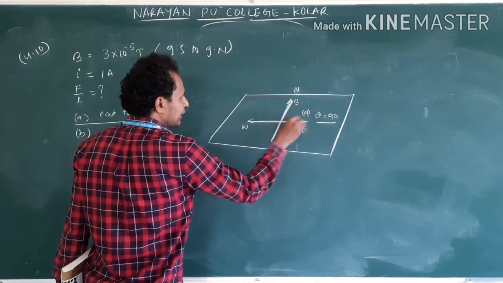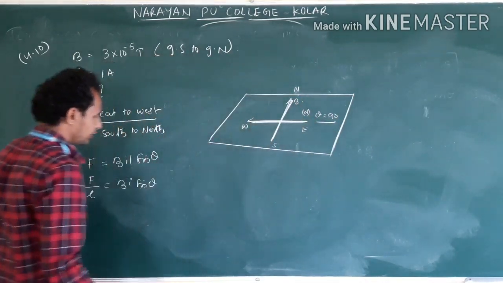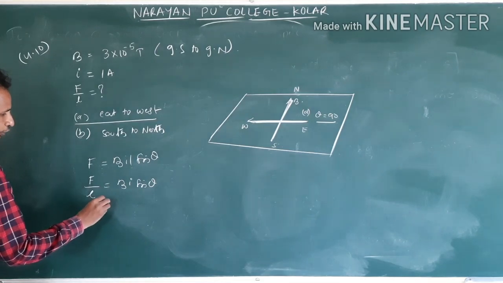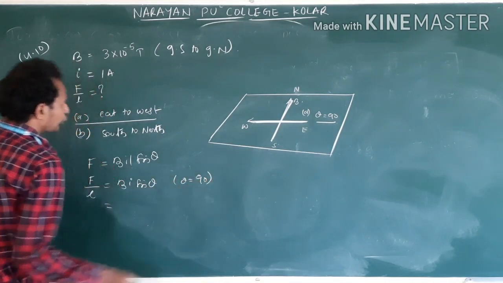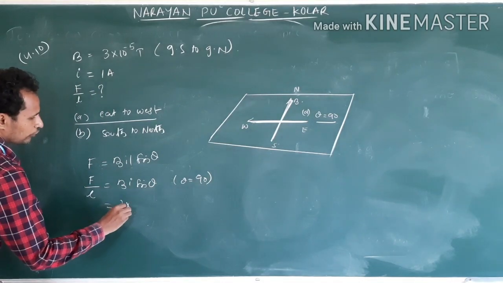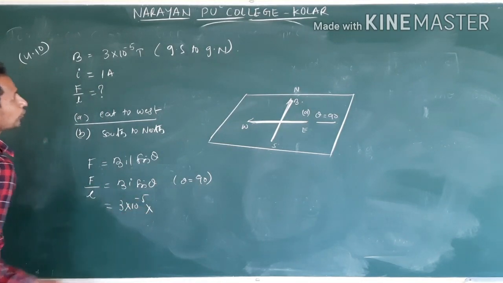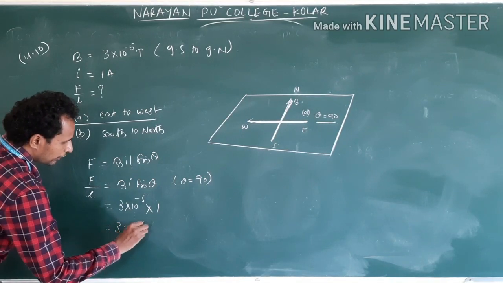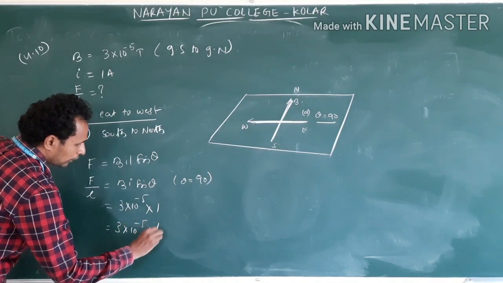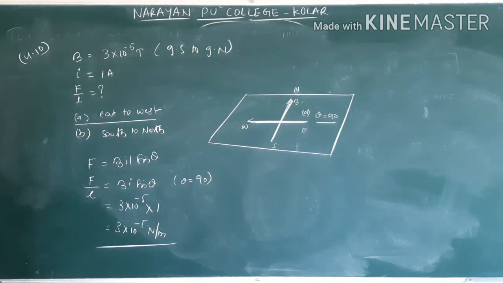The field is in this direction, the current element is in this direction. So sin 90 is 1. Here theta is equal to 90. What is the B value? 3 into 10 power minus 5. What is the current value? 1. So 3 into 10 power minus 5 Newton per meter. This is the first case. Clear?